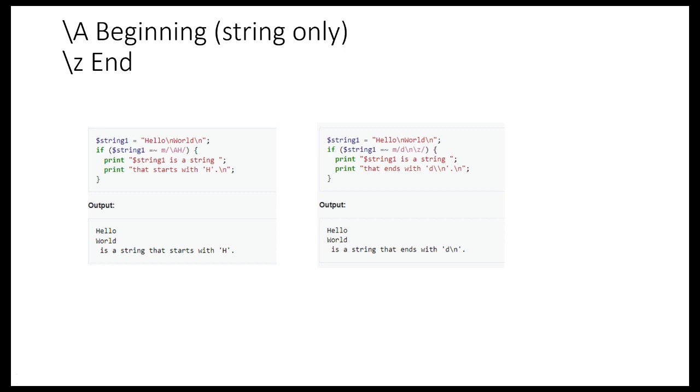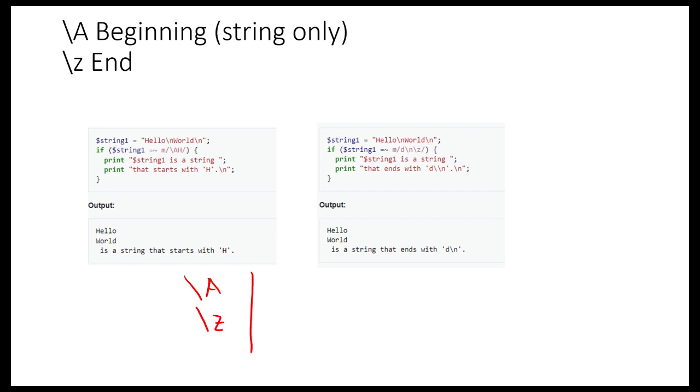We've also got slash A and slash Z, which tell us the beginning or the end of a string. So the end of a string may be the end of a line too, but not necessarily. So if we match a slash A, then we know we've got the start. Let me backtrack here.